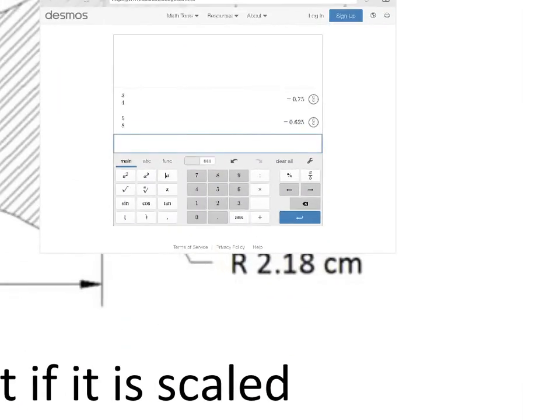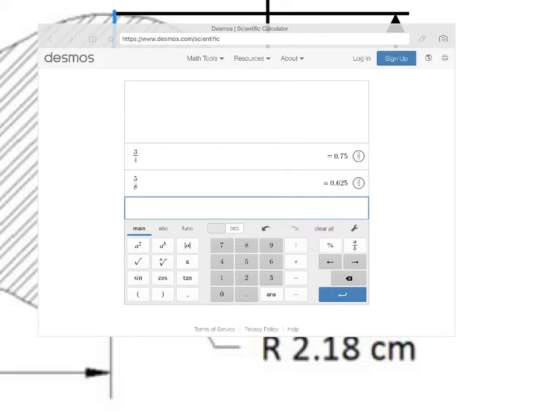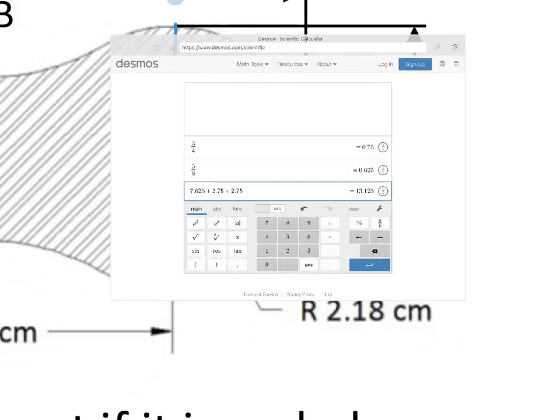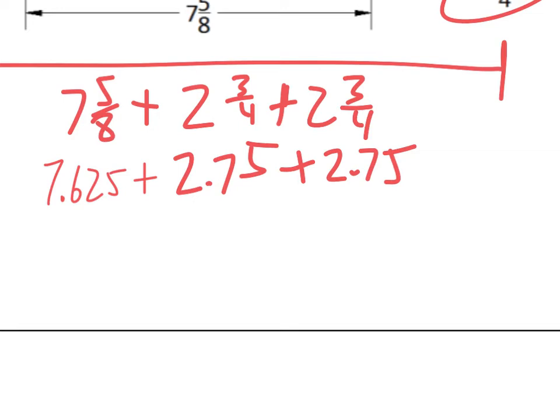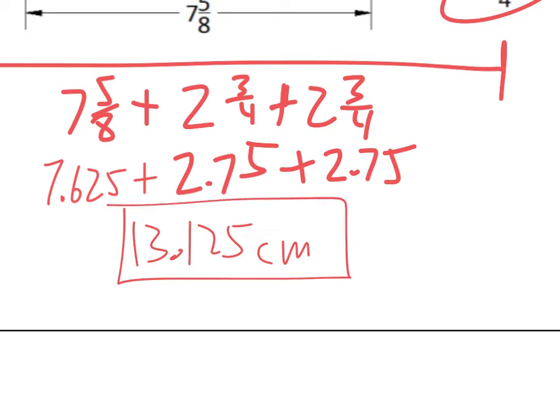Let's try that again. 7.625. And it looks like we got 13.125. All right. So that's our width, 13.125 centimeters. Now, what are we going to do with that? Oh, that's not centimeters, it's actually inches.